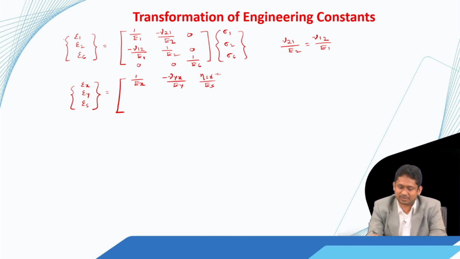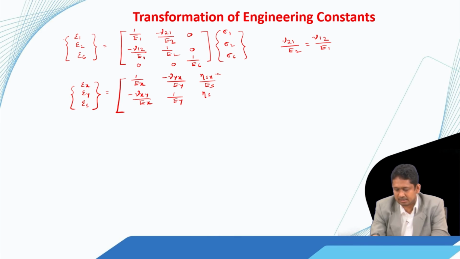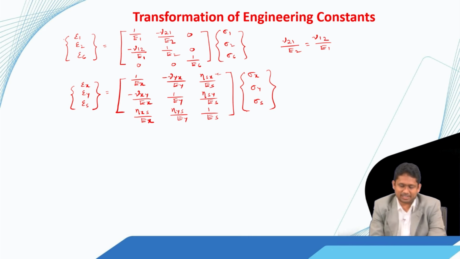We are introducing a new quantity eta here, that signifies coupling between the normal and shear components, and now here we have nu xy by Ex, 1 by Ey and eta sy by Es, and here we have eta xs by Es, Ex, and eta ys by Ey and 1 by Es, and this is multiplied with stresses with respect to the xy system. Now, it has to satisfy some constraints.